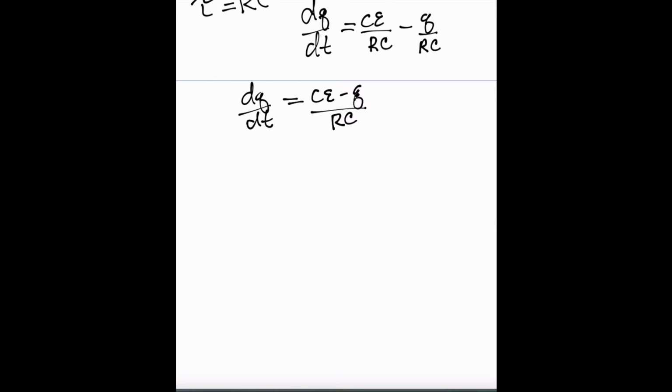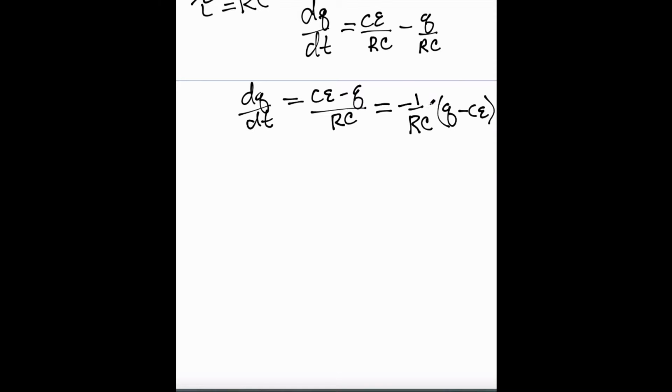Otherwise, when we go to do our integral, that's going to make it a little bit harder. So let's say -1 over rc, and then we make this q minus ce, so that we've factored out the -1 to change this expression to q minus ce. We flip this over there, and we're leaving the -1 there.